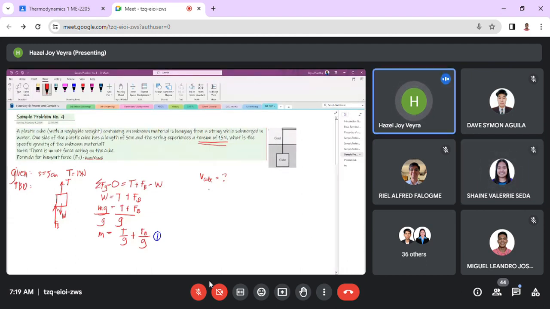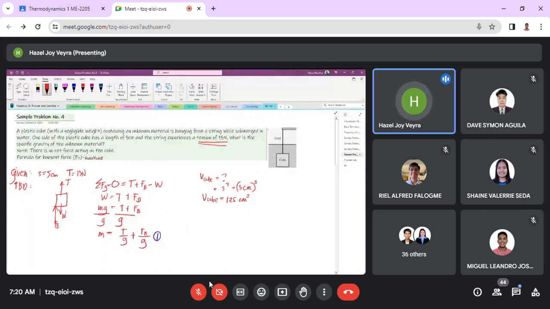So the volume for a cube is s cubed, and we are given the dimension 5 centimeter cubed. So our volume is 125 cubic centimeter.